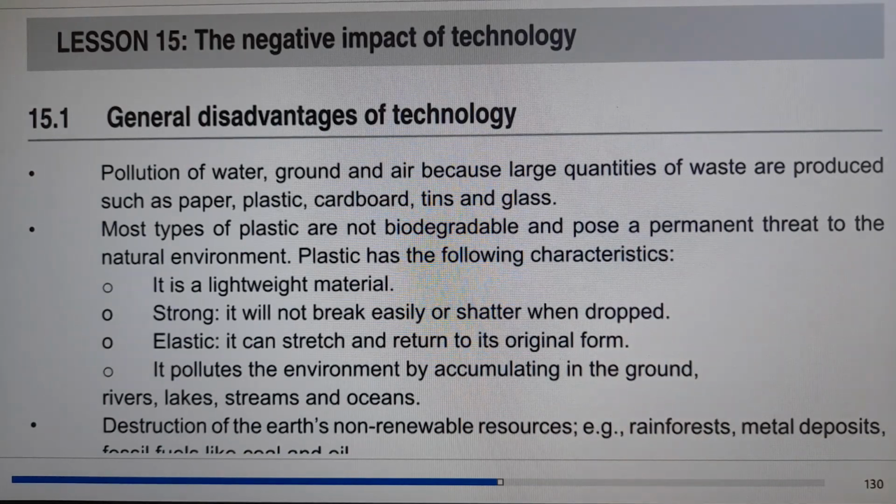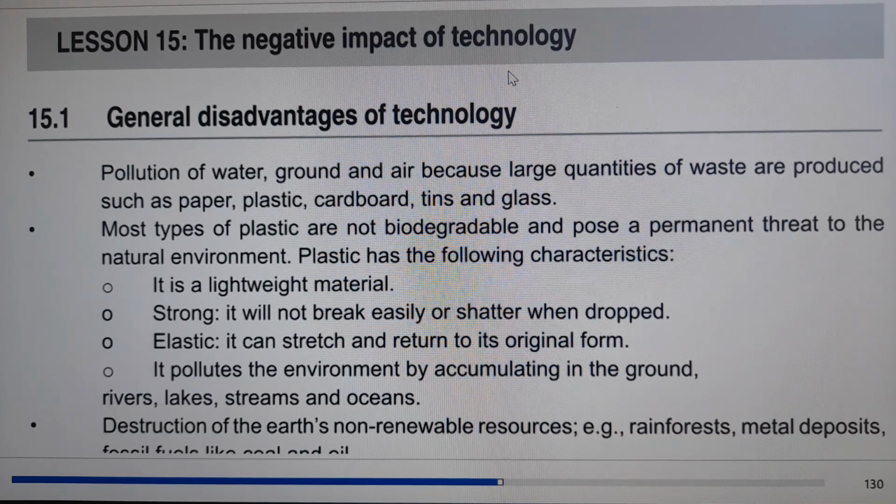Now on page 130 of your textbook, we are looking at the negative impact of technology. We have looked at the positive impact of technology, different fields where technology has a positive impact, advantages of technology, and we have looked at developing materials and adapting materials.